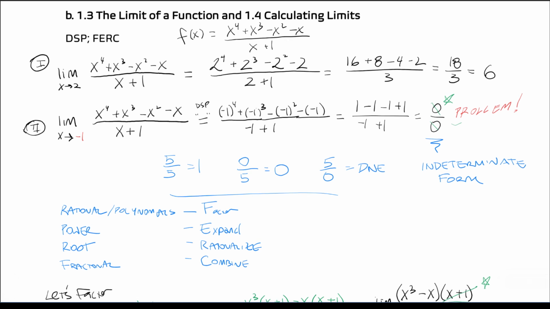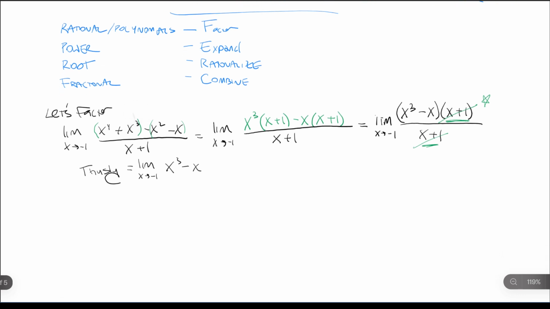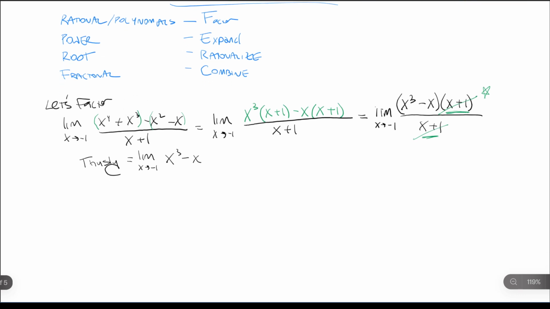If I'm able to plug a numerical value into a function, and I get something that works because that value is in the domain of the function, then that's what a DSP is all about. So now our function is x cubed minus x, right?